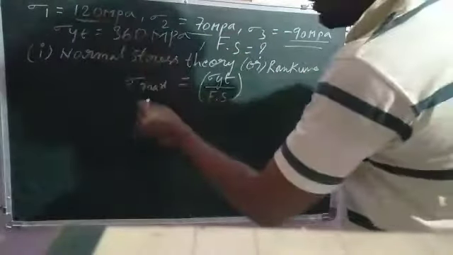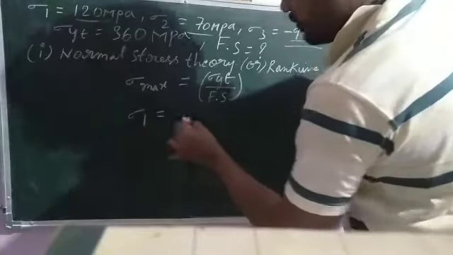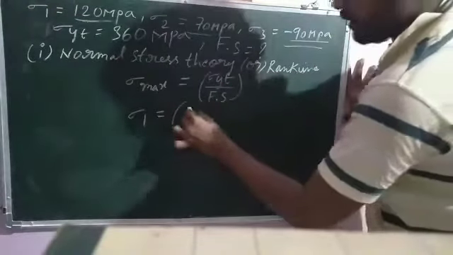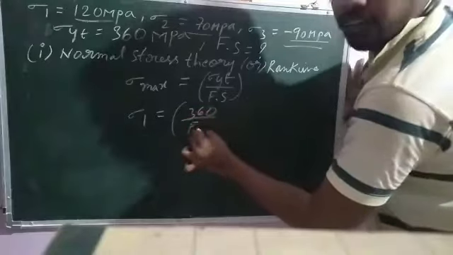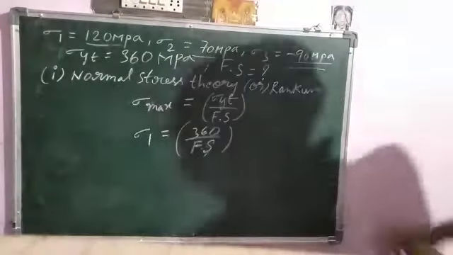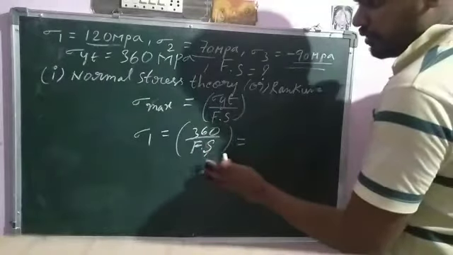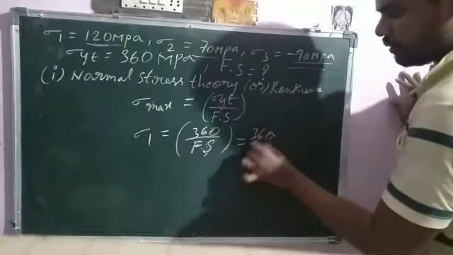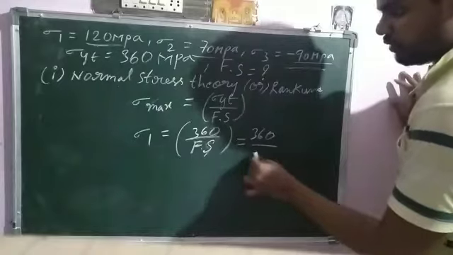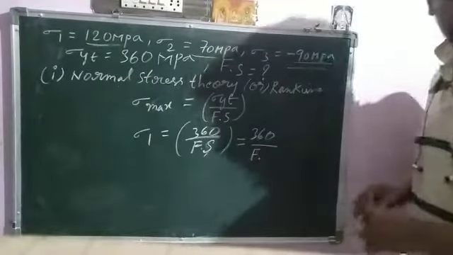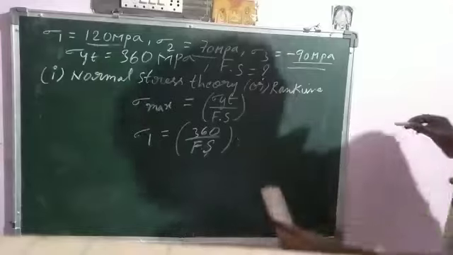So sigma 1 is equal to sigma yt, which is 360, divided by the factor of safety, which is unknown.